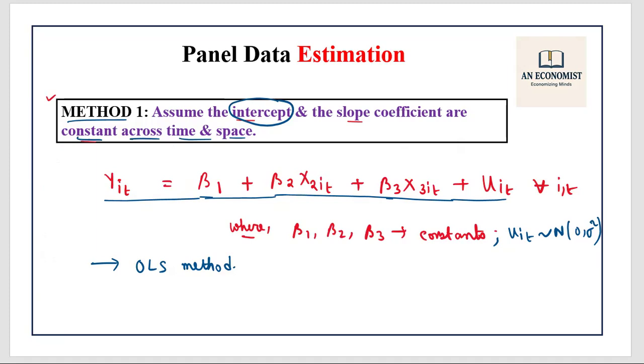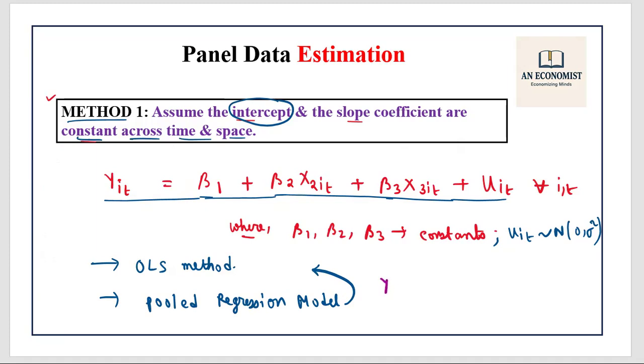That is why this method is known as the pooled regression model. This model, known as the pooled regression model, can be simply estimated using the ordinary least squares method. I hope this is absolutely clear. And if you estimate this, what is the end result that you will get?